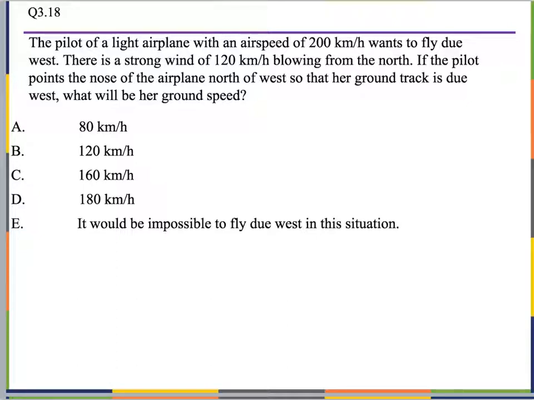So we're told that the airplane wants to move with an airspeed of 200 kilometers per hour and to fly due west. So they're flying due west, and so that's the velocity of the plane with respect to the earth.